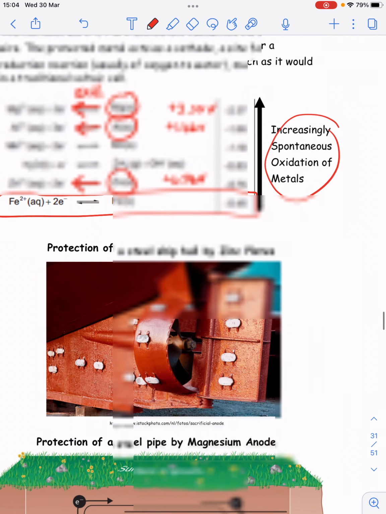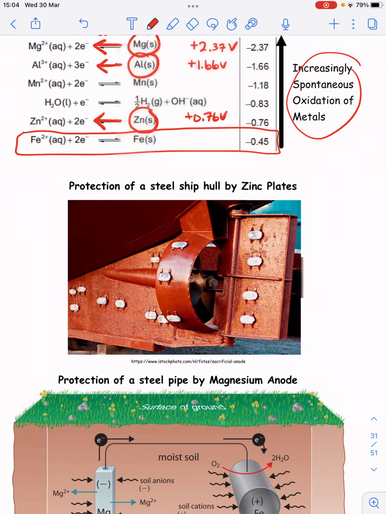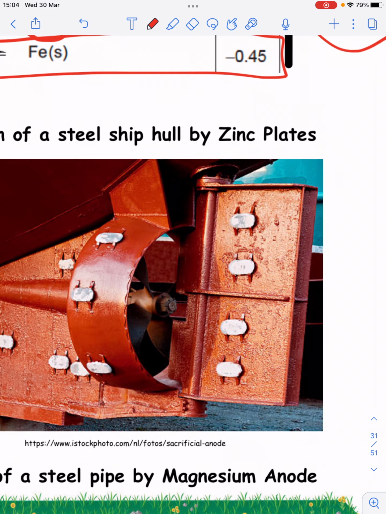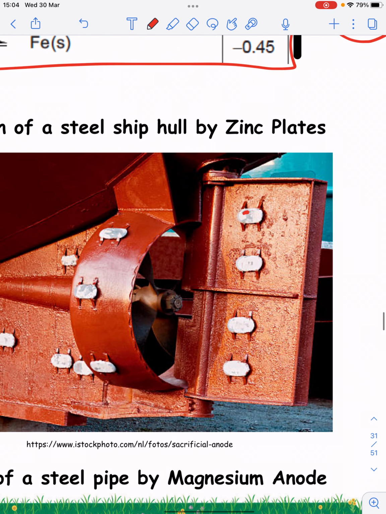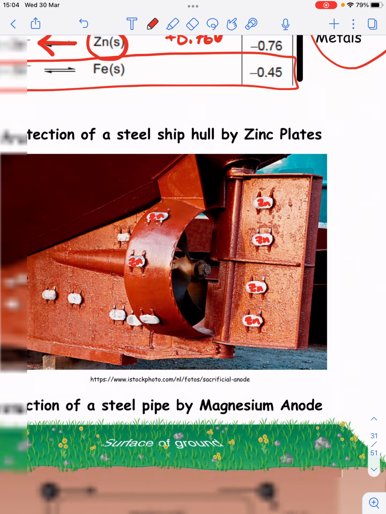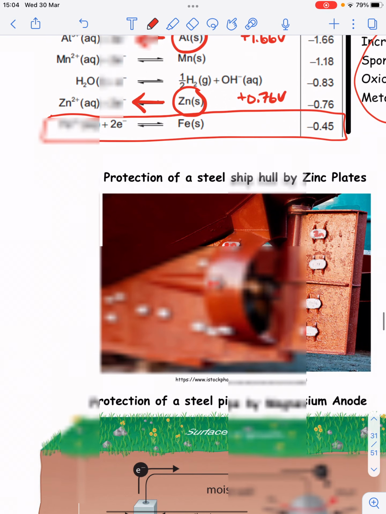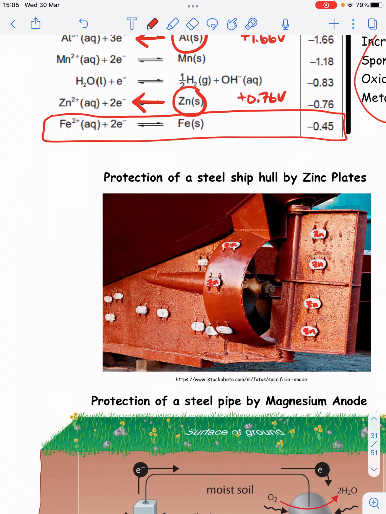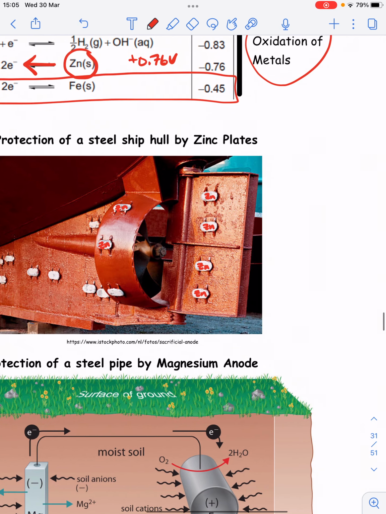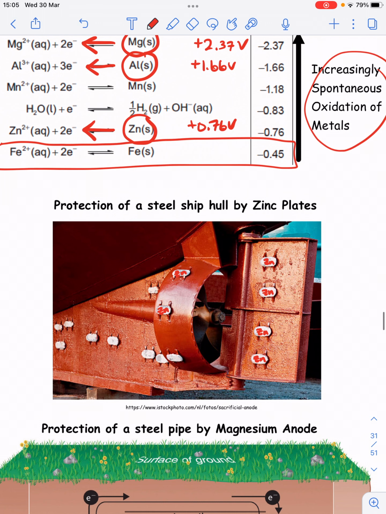So this is a picture of the hull of a big ship. You probably wouldn't know this because they're underwater, but they attach giant pieces of zinc all along the hull, because sticking a giant ship made out of steel into salt water is basically a recipe for rust. It's going to just corrode apart your ship. But they regularly replace these zinc plates, and then the zinc undergoes this oxidation.